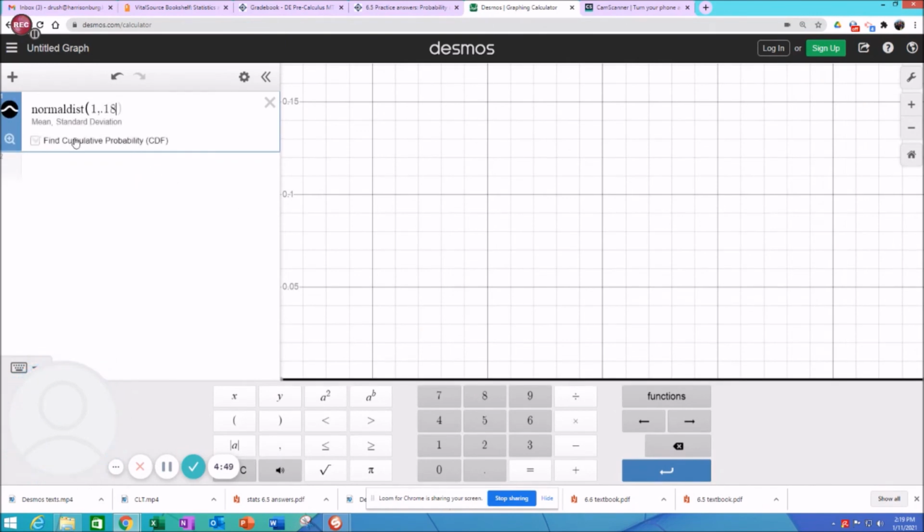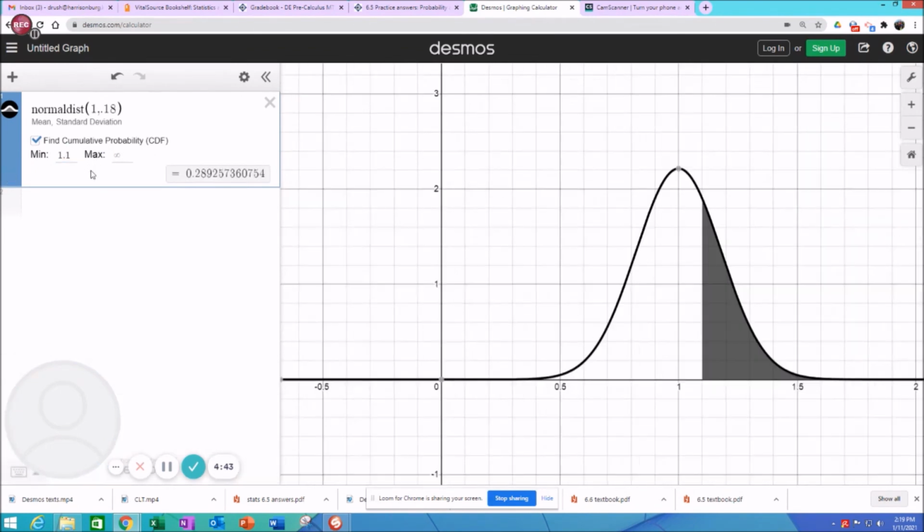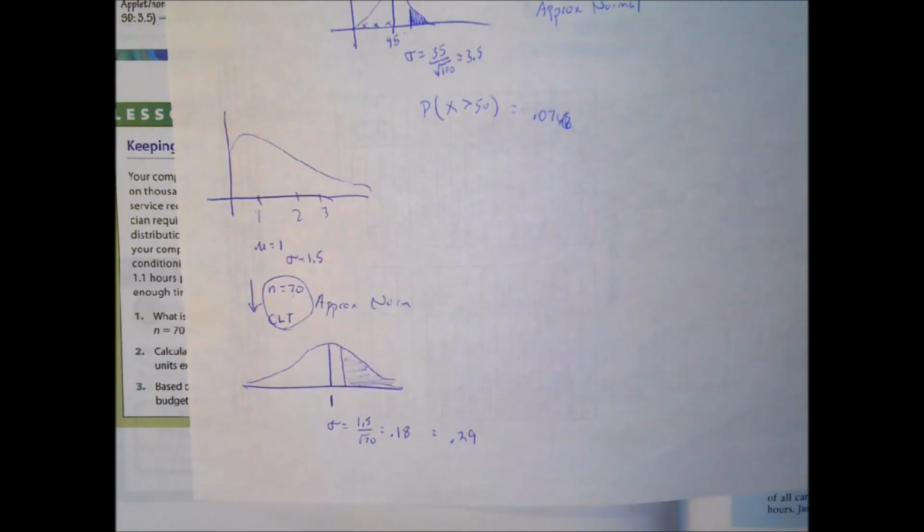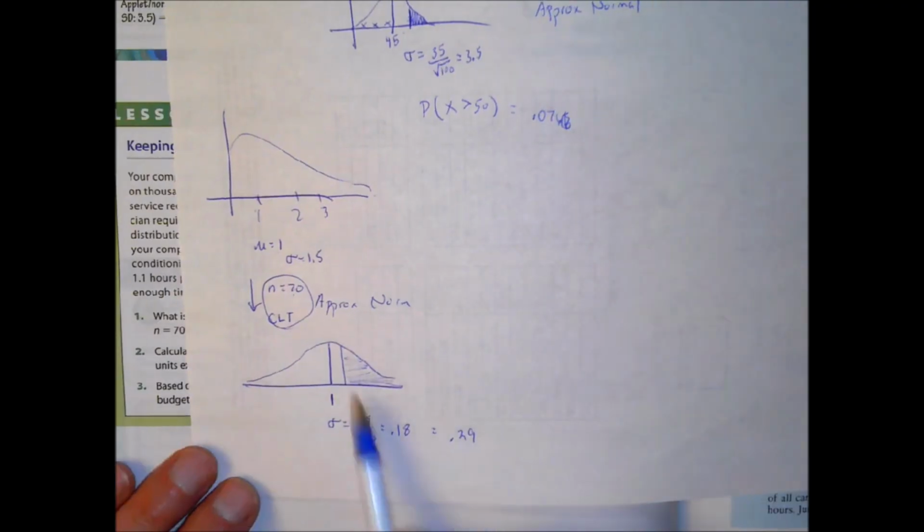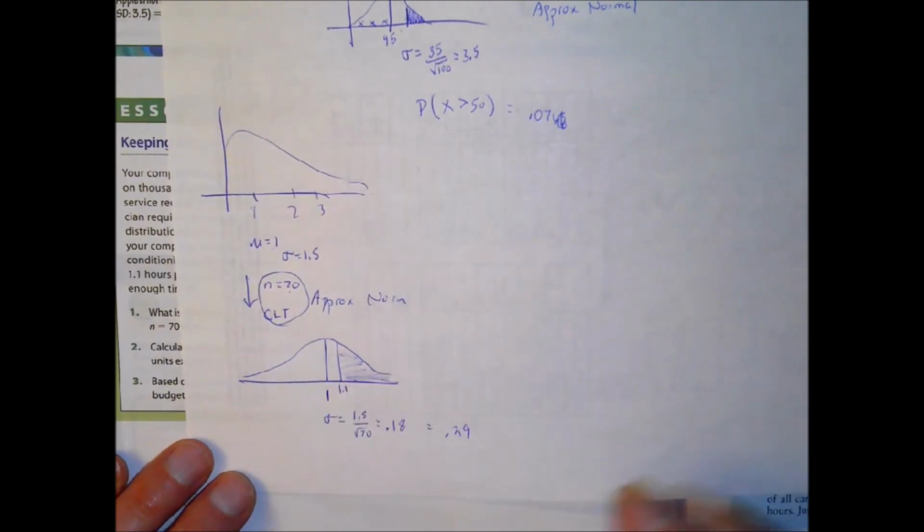What's the probability it's going to exceed 1.1 hours? So a minimum of 1.1 and a maximum of infinity. There's about a 29% chance that our 70 air conditioners are going to take more than an average of 1.1 hours per air conditioner.